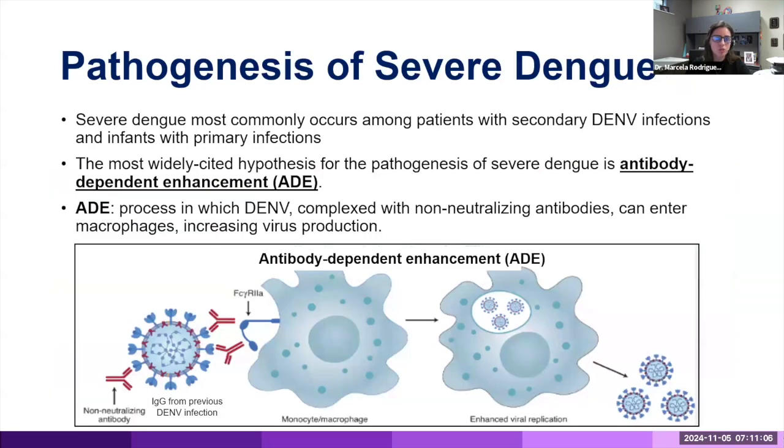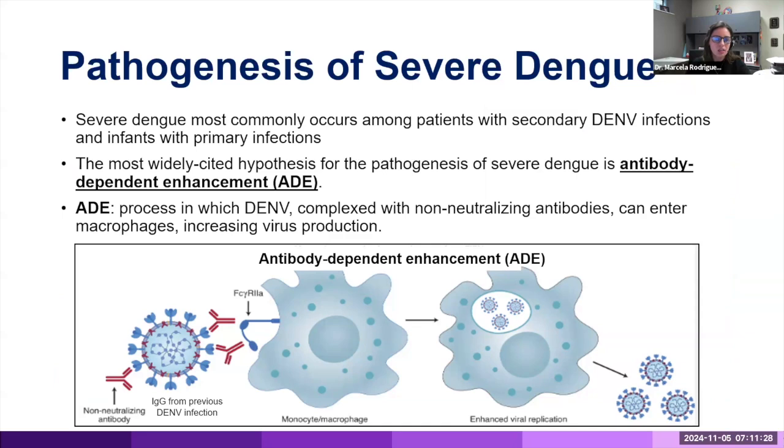So a little bit about pathogenesis of severe dengue. Severe dengue most commonly occurs among patients with secondary dengue infections and infants with primary infections. The most widely cited hypothesis for the pathogenesis of severe dengue is called antibody-dependent enhancement. ADE is the abbreviation, and this graph just represents this process.